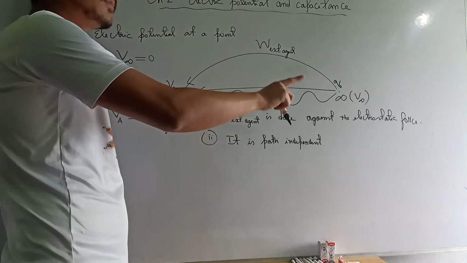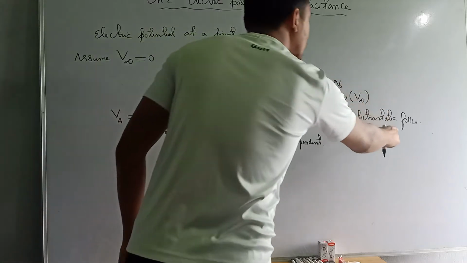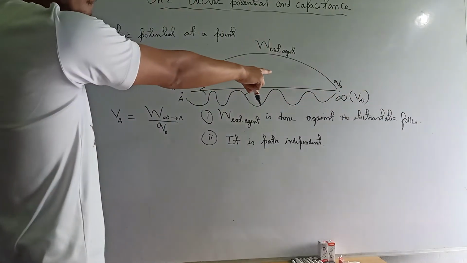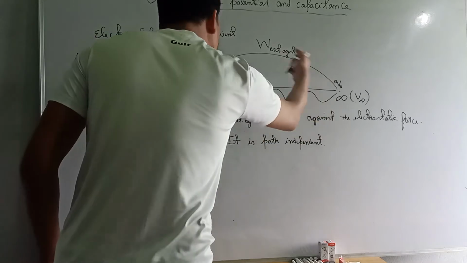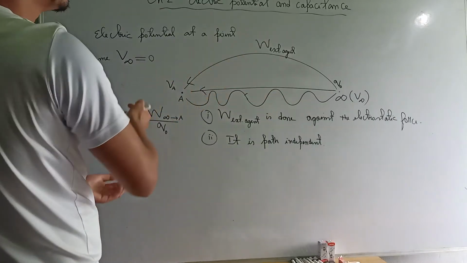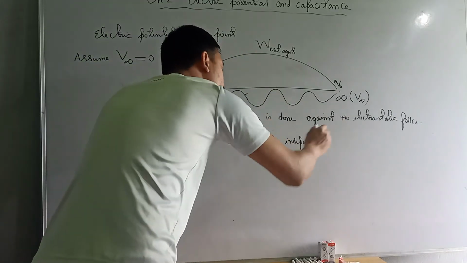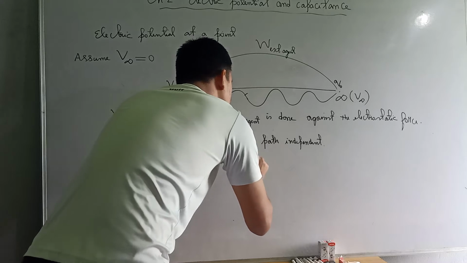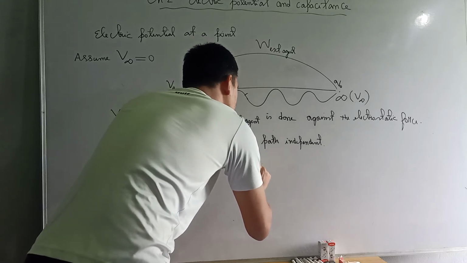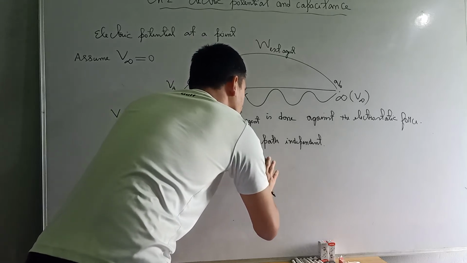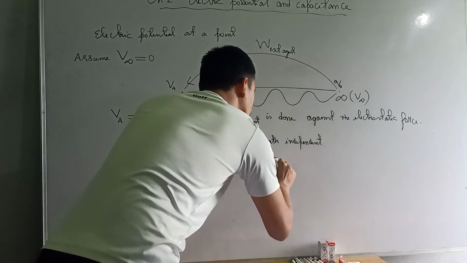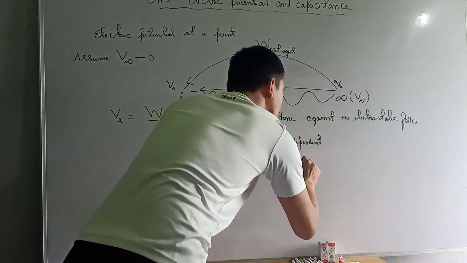That means the force must be conservative. That means electrostatic force is conservative. That is why the work done by the external agent is path independent, since the electrostatic force is conservative.